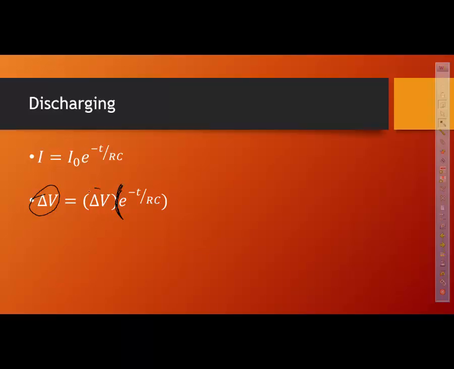This represents the potential difference between the plates: E times e to the negative t over your time constant here. This one is exactly the same whether you're charging or discharging the capacitor.